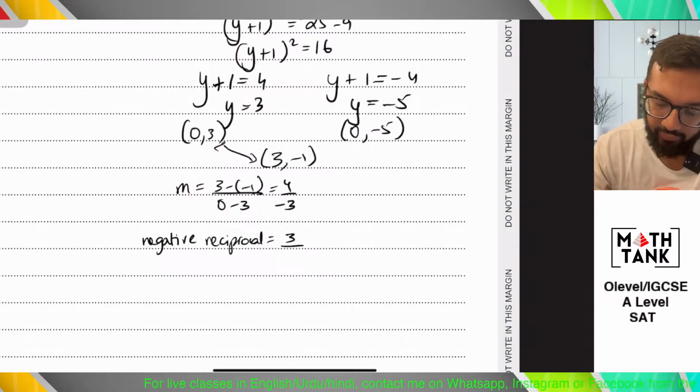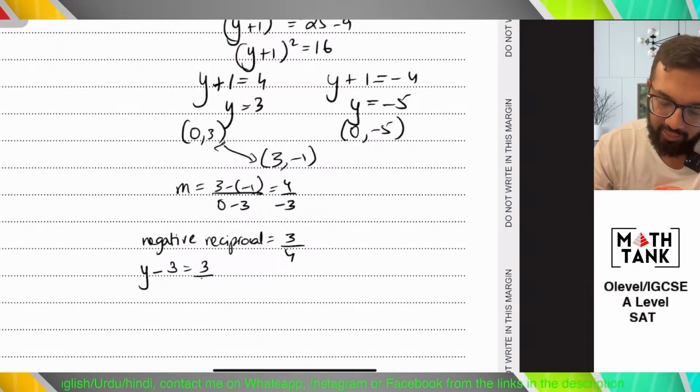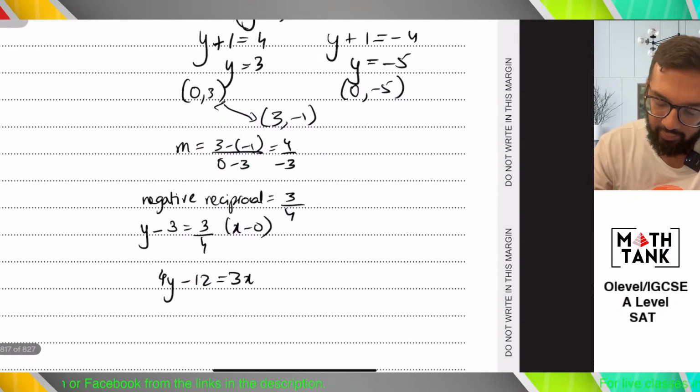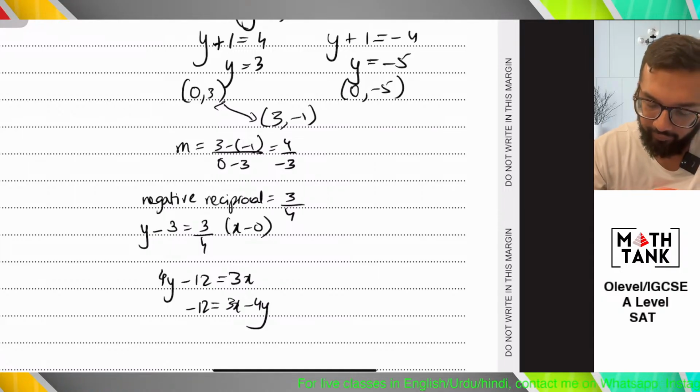gives me 3 over 4. y minus y1, 4y minus 12 equals 3x minus 4y equals 12. Then m is y2 minus y1.